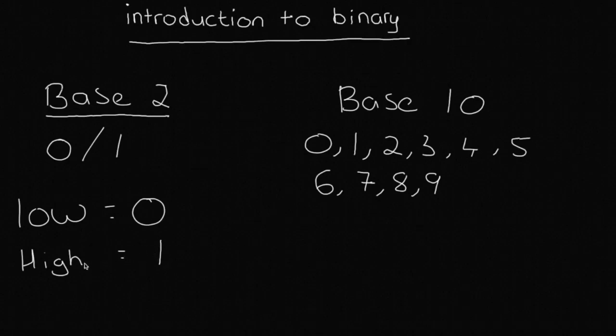It's fundamentally the way that computers work. You could argue, could we not have a medium, and then you would have a voltage which would be in between 0 and 1.